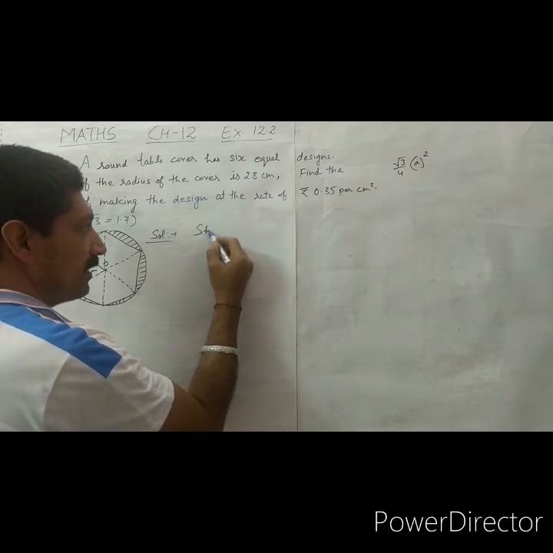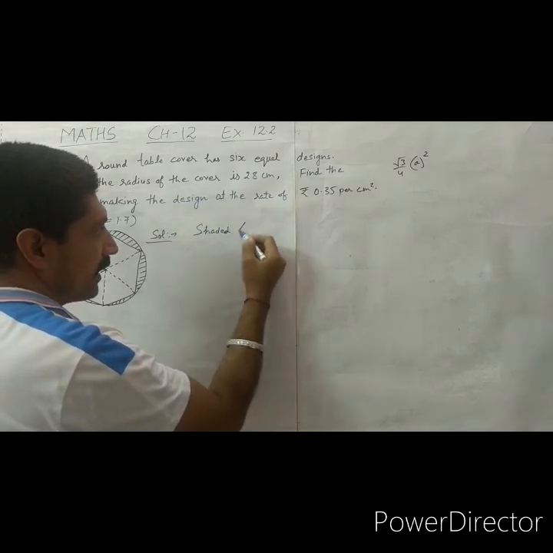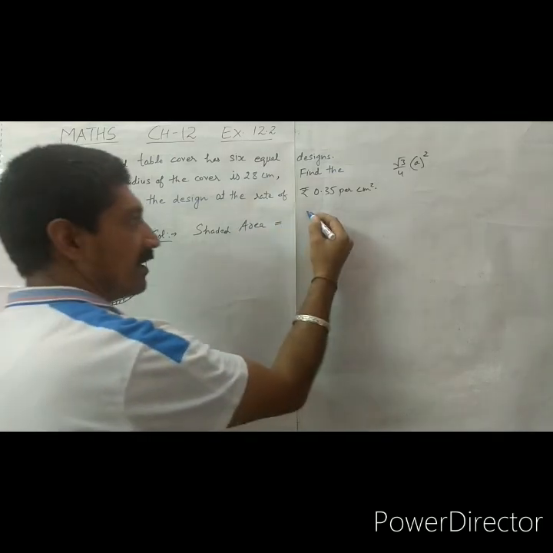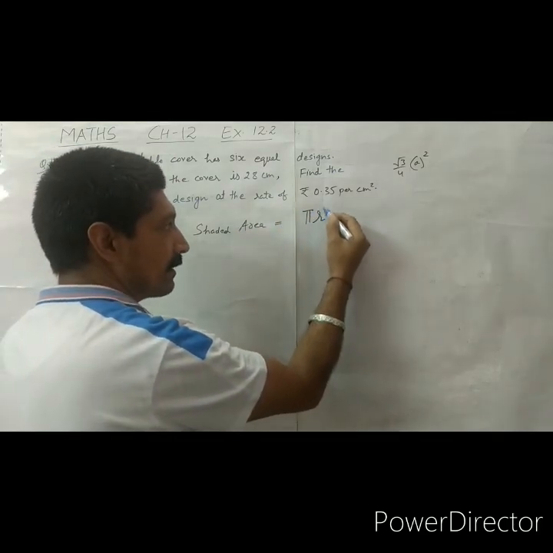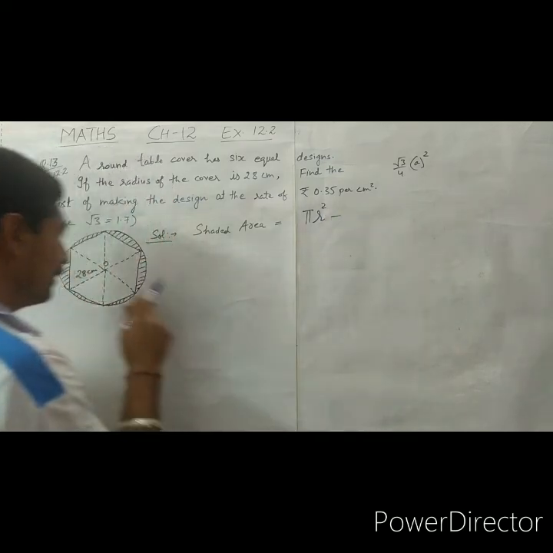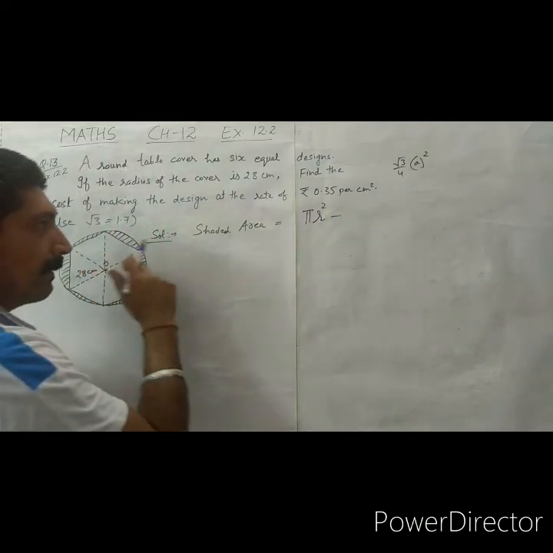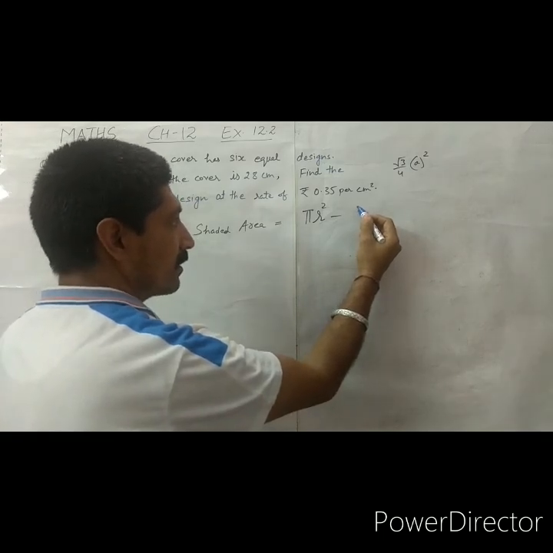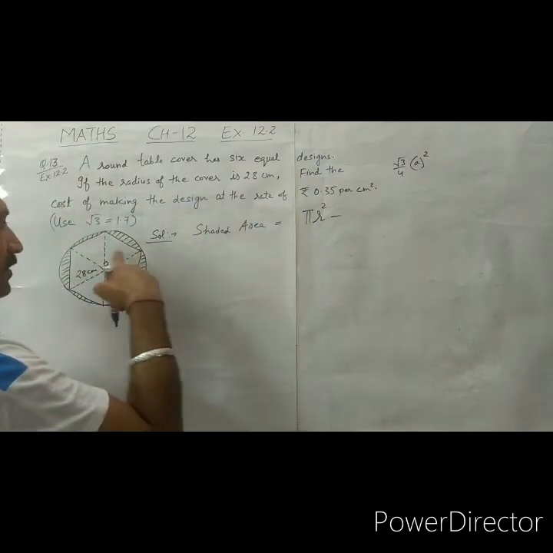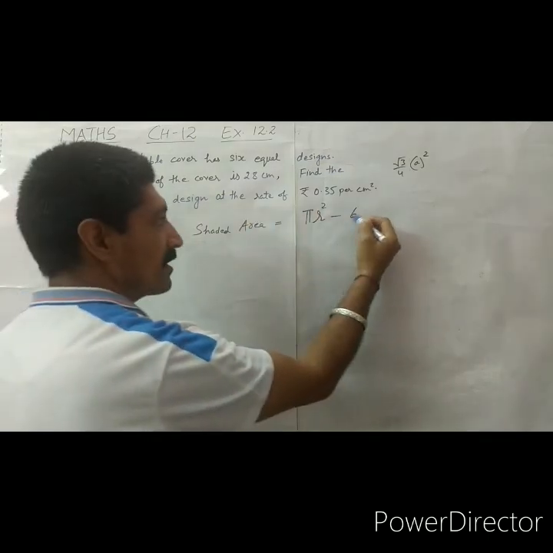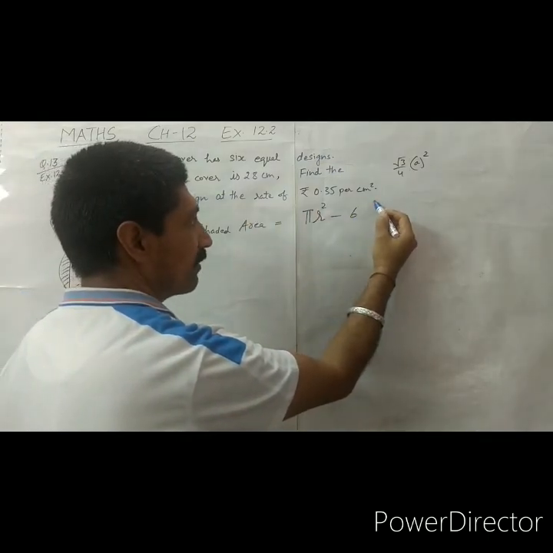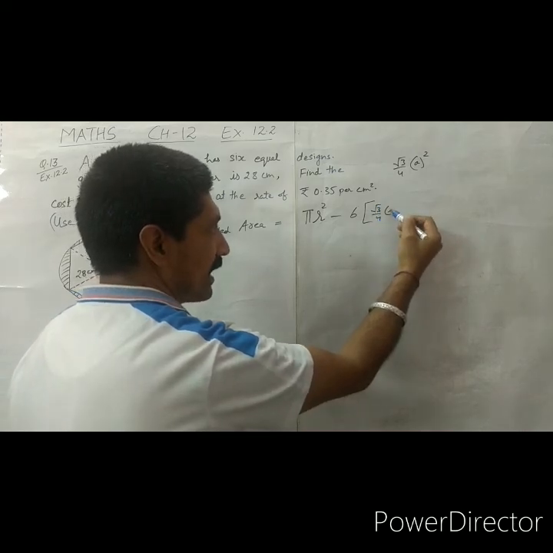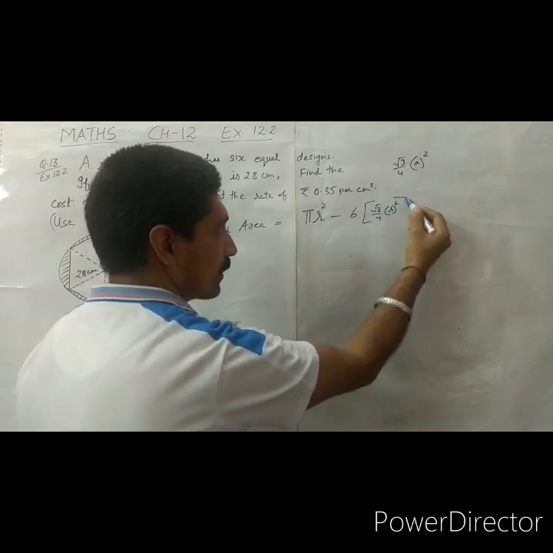The shaded area is equal to pi r square minus 6 times the area of equilateral triangle, that is root 3 upon 4, here side is r, whole square.